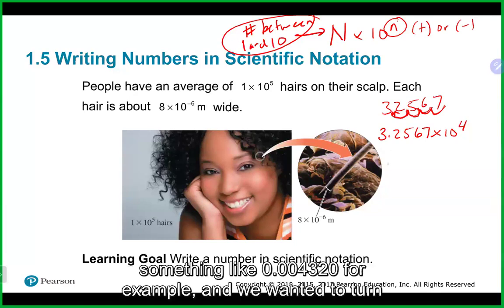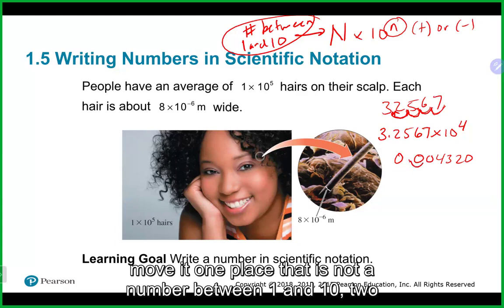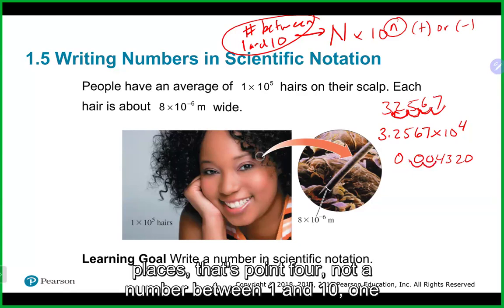Now, if we had something like 0.004320, for example, and we wanted to turn this into scientific notation, in this case we would have to move it one place. That is not a number between 1 and 10. 2 places, that's 0.4, not a number between 1 and 10.